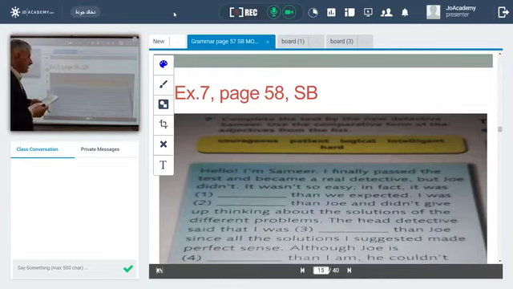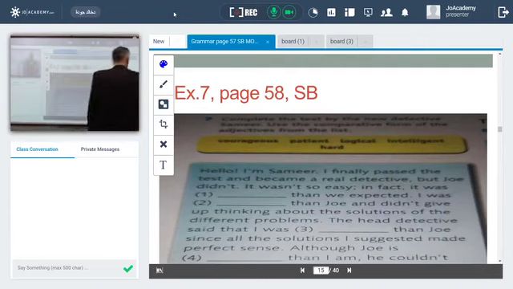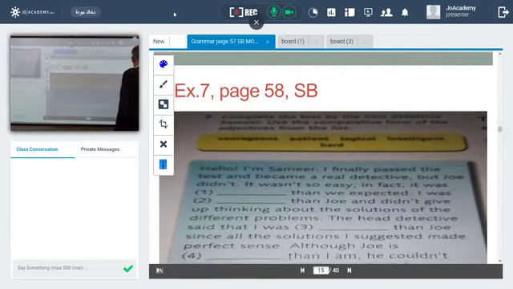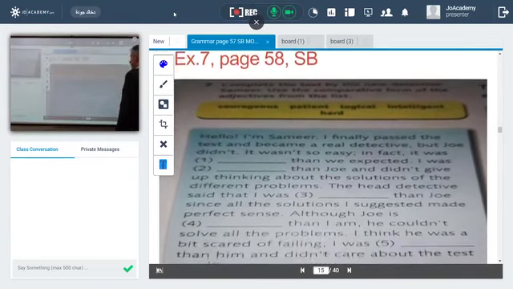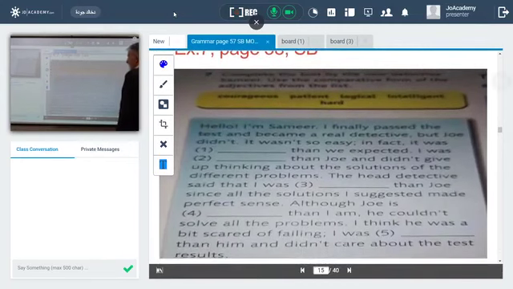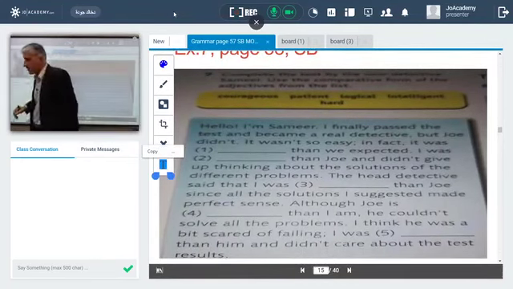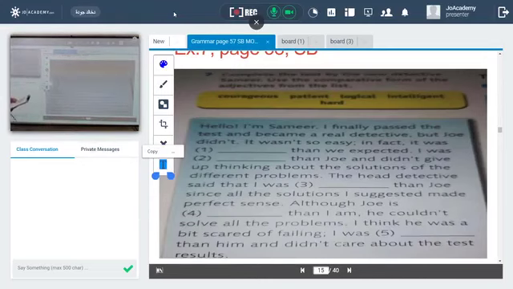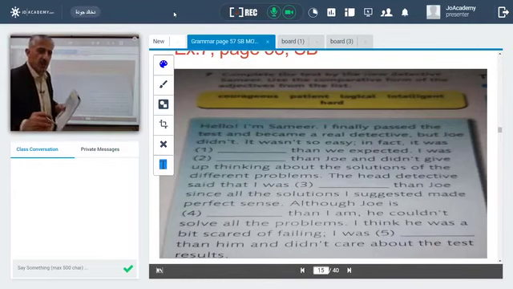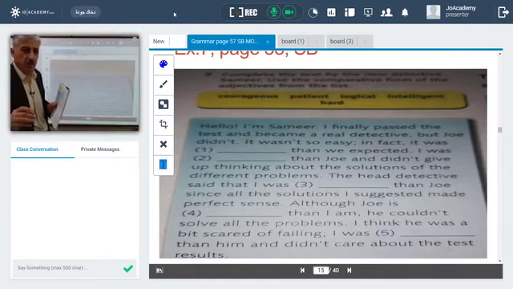So here we have to fill the blanks with these adjectives. But we also need to keep in mind that we need to understand the context. We need to understand the sentences so we can put the right adjective and add to it either ER or more or less before it.